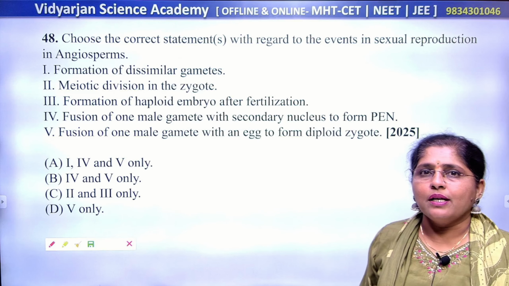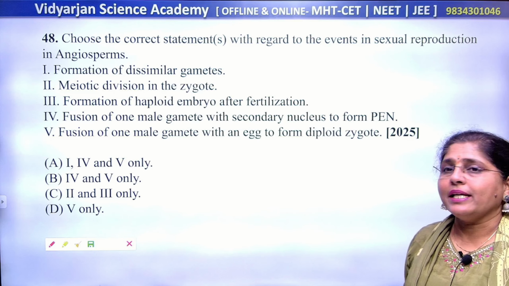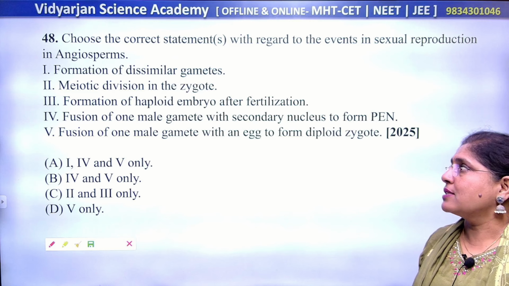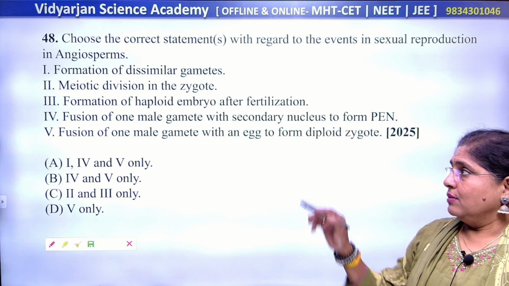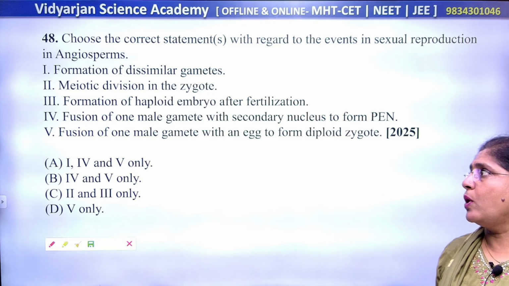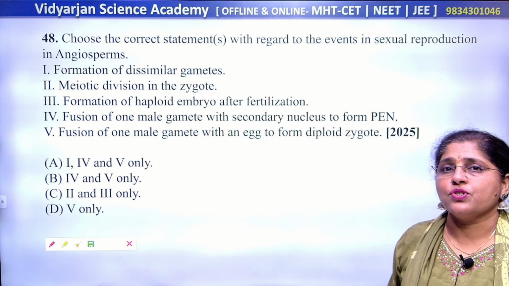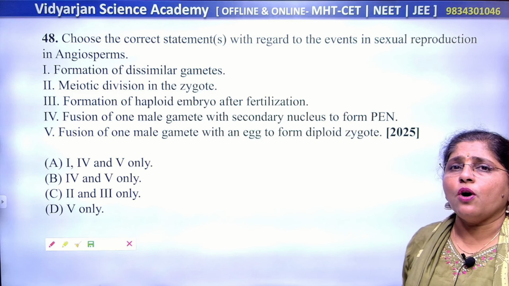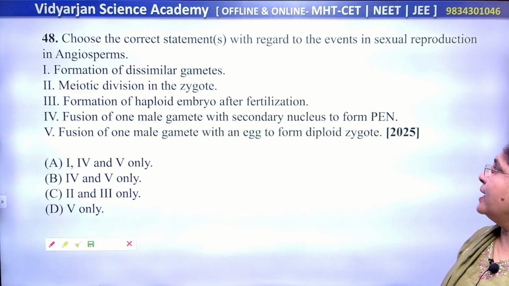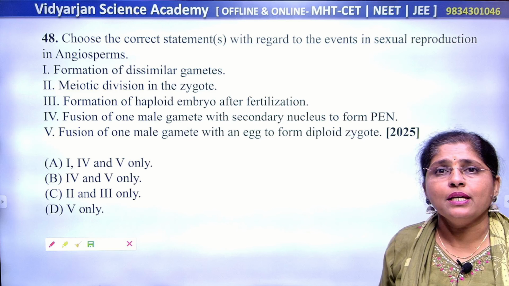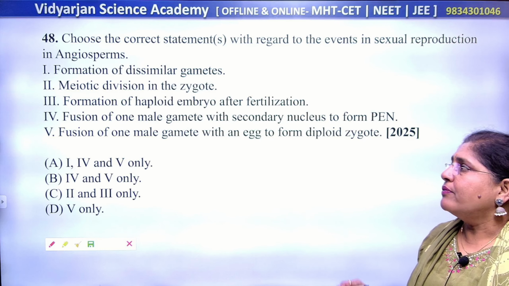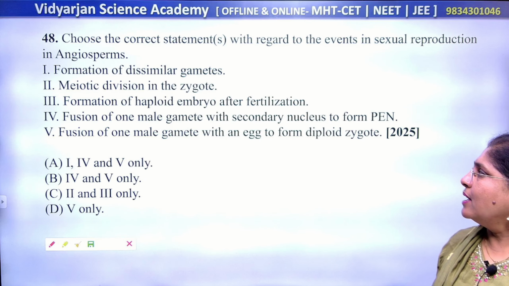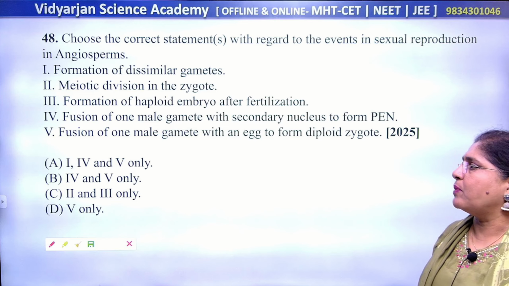Number 2 is meiotic divisions in the zygote. Next, formation of the haploid embryo after fertilization. Fourth is fusion of one male gamete with secondary nucleus to form the PEN, and next is fusion of one male gamete with an egg to form the diploid zygote.